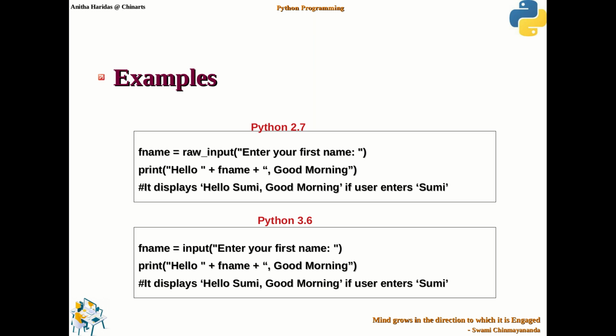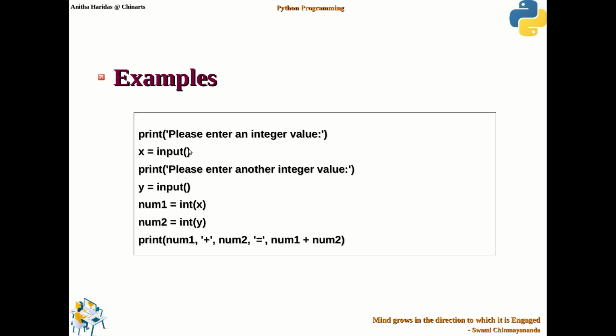Now suppose, for example, you are not giving any argument here. This is how you might have practiced in your C programming using printf and scanf. Before you give the scanf function, you might have given a printf function to display some kind of prompt to the user. So what you do here, you can have the print function. You can say please enter an integer value.